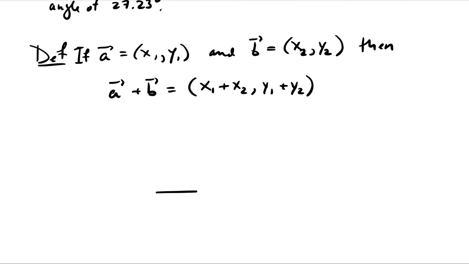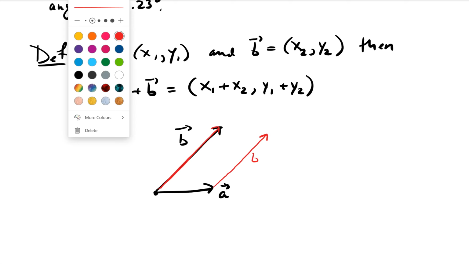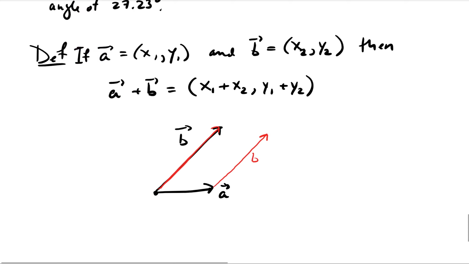If this is vector A, and let's place vector B so that it starts also at the origin. So this is vector B. If I do A plus B, so actually I'm going to draw B in red. A plus B would be obtained by placing B so that it starts where A ends, okay? And the resulting sum would be essentially this vector here.